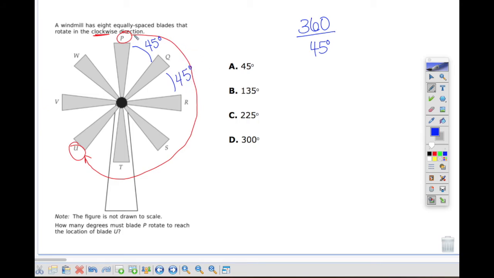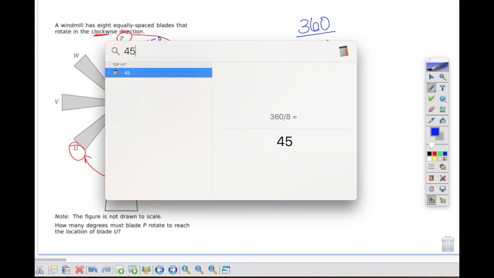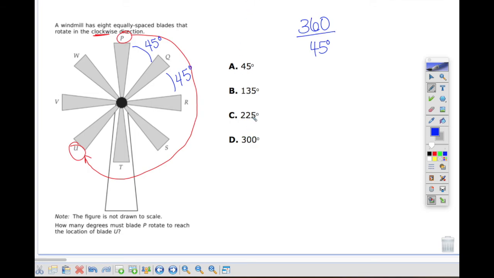Let's figure out how to go from P to U. How many degrees would that be? We would need to take 45 and multiply it by 1, 2, 3, 4, 5. So we would need to do 45 times 5. That tells me 225 degrees is the amount of degrees between P and U.